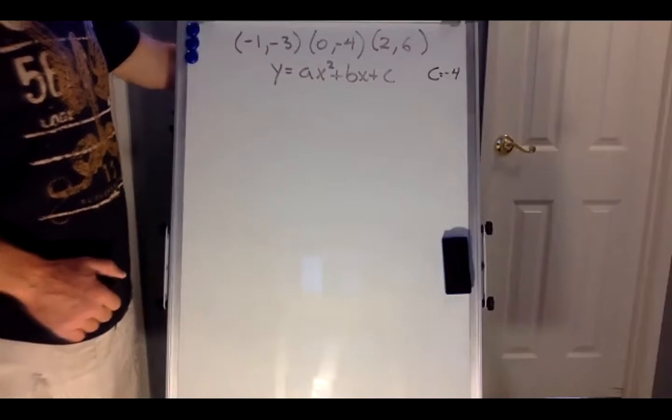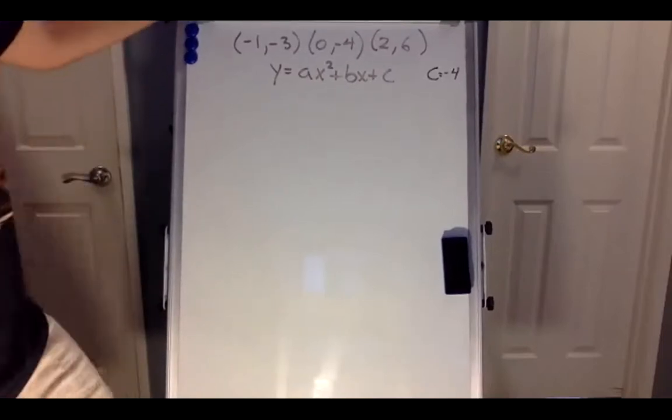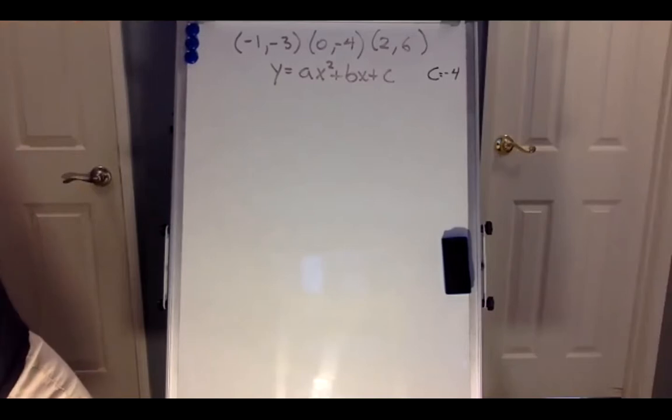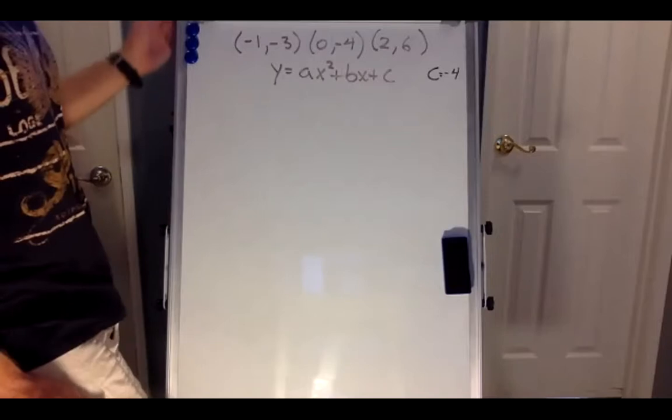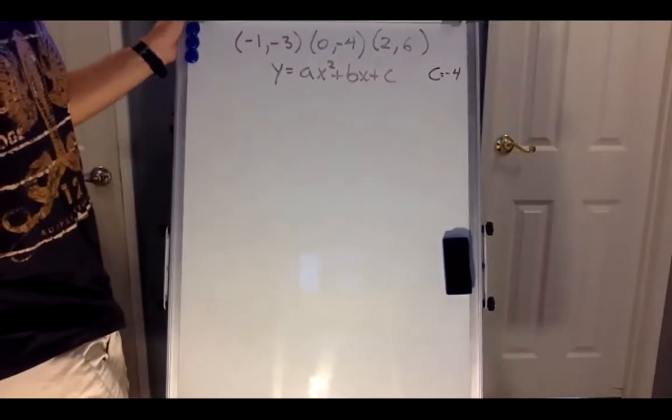This chapter comes after chapter 3, which did matrices, and they used matrices to solve systems of equations that had 3 equations with 3 variables. But you don't need matrices to do that. You can use all the skills you already know for systems of equations.